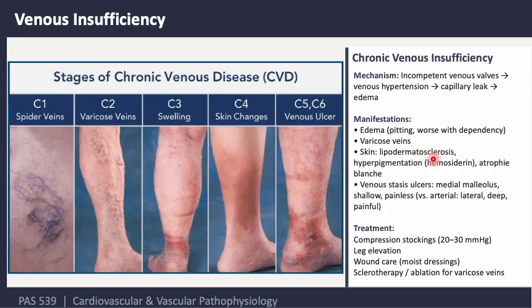This hyperpigmentation is usually due to hemosiderin that leaks out. This can also lead to some ulcers, so venous stasis ulcers of note. Those ulcers are usually on the medial malleolus, whereas with peripheral arterial disease, they're on the lateral side.